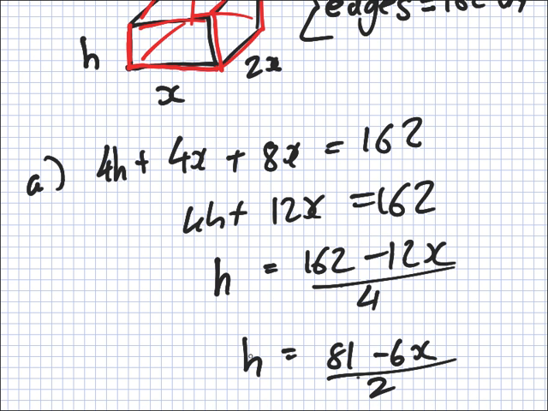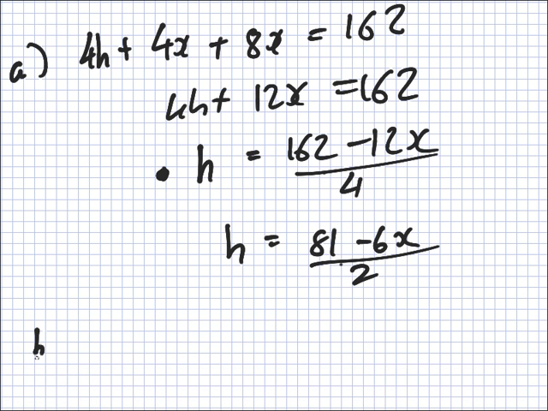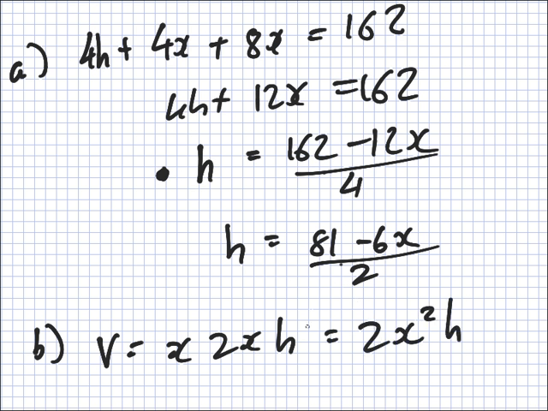Do you get marks if you stop here? Yes, that'd be fine. Part B: what's the volume? The volume is x by 2x by h, which is 2x squared by h. Why wouldn't it be h over 2?